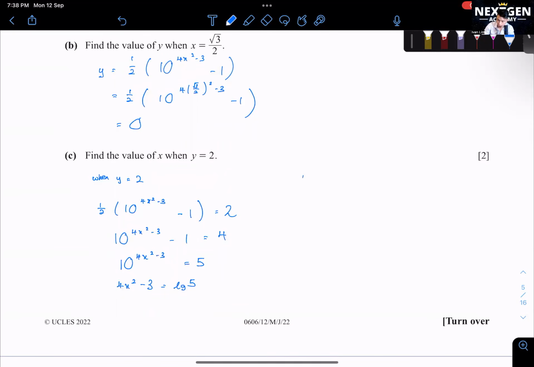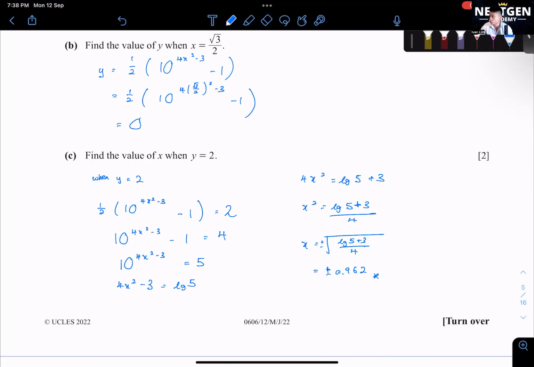Continue over here, 4x squared equals log 5 plus 3. Then x squared equals log 5 plus 3 over 4. This one you type into the calculator. So x will be equal to plus minus square root of log 5 plus 3 over 4, equals plus minus 0.962. This is just a 2-mark question.